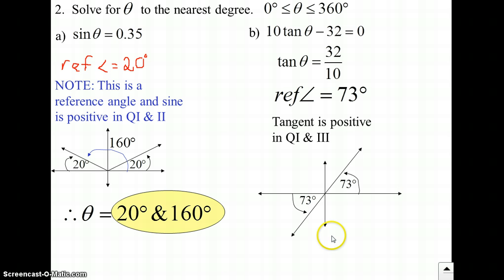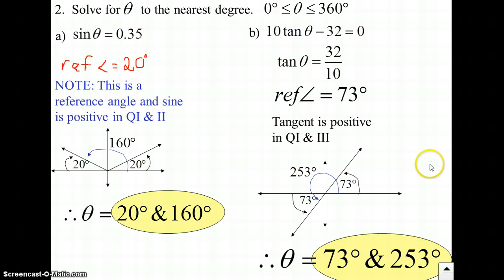So theta has solutions then of, in quadrant 1, the angle in standard position is still 73 degrees. And in quadrant 3, it's going to be 180 plus 73, which makes it 253 degrees. So the solutions for theta now are 73 and 253. So the restriction allows us to go past just quadrant 1. I have to look into quadrant 3, which also has a positive tangent ratio.